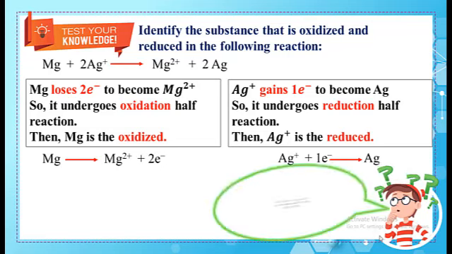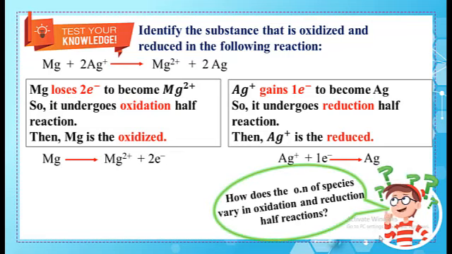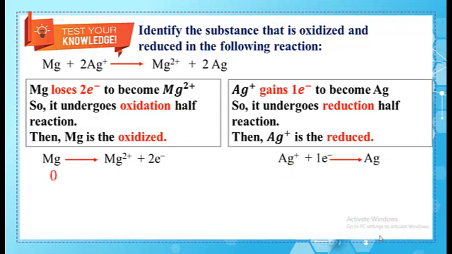Now, how does the oxidation number of species vary in oxidation and reduction half reactions? The oxidation number of Mg, because it's a free element, is equal to 0. And the oxidation number of Mg2+, because it's a monoatomic ion, is equal to the charge of this ion, which is +2.